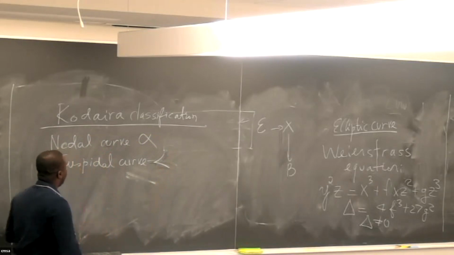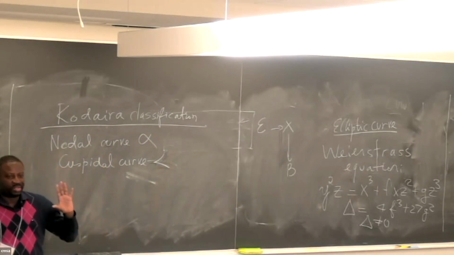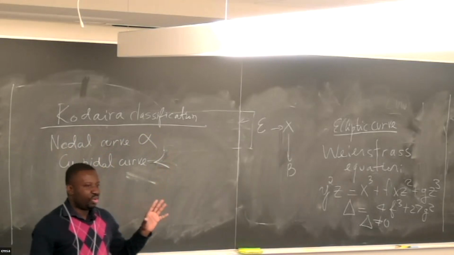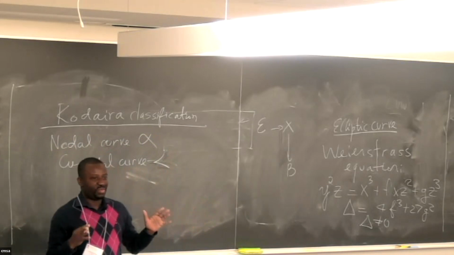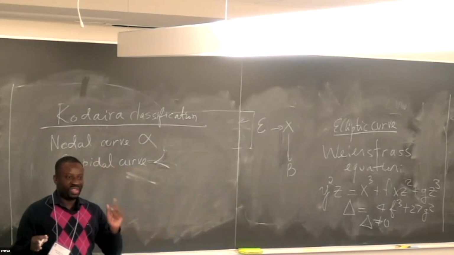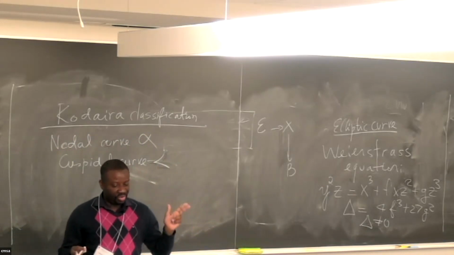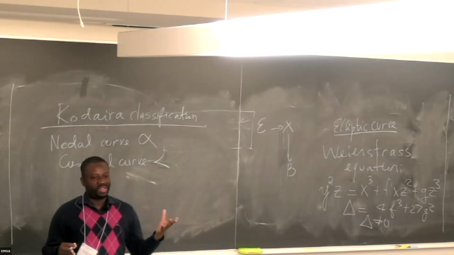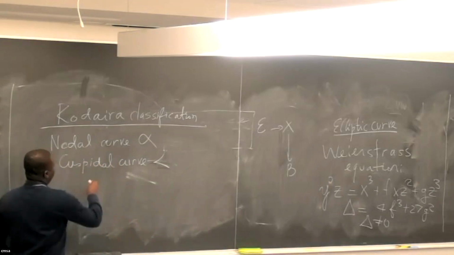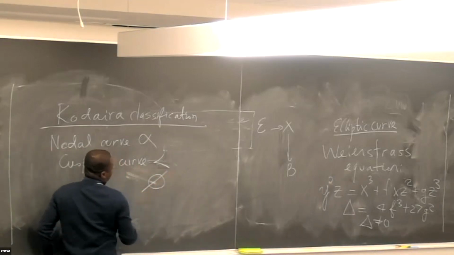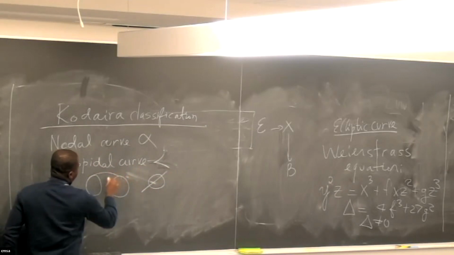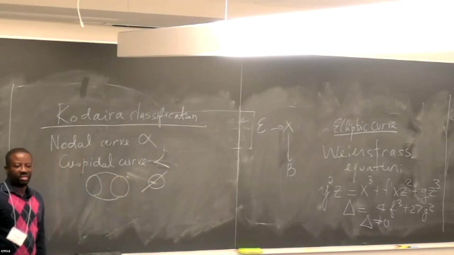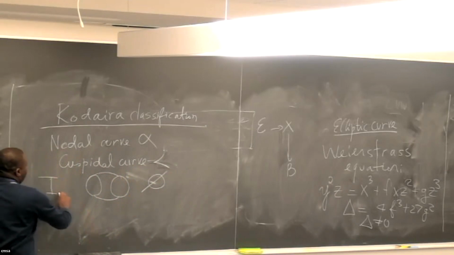The first one you can think of, just remembering that if you work in P2, a genus one curve is basically a cubic, and then you can think what are the degenerations of a cubic. A cubic has degree three, so it could split, for example, into a line and a conic. So when it splits into a line and a conic, you can really think of it as basically two P1s that intersect. Okay, so this is called I2.